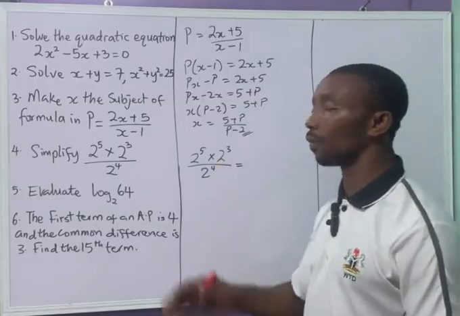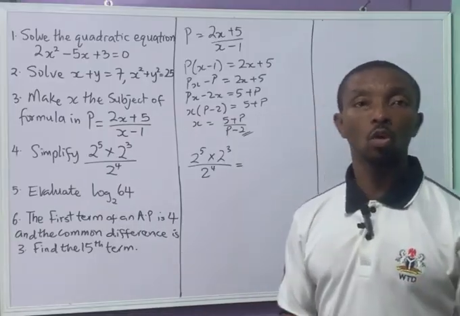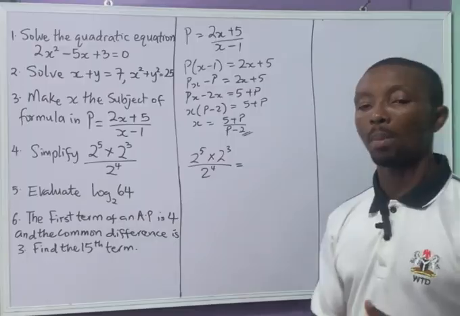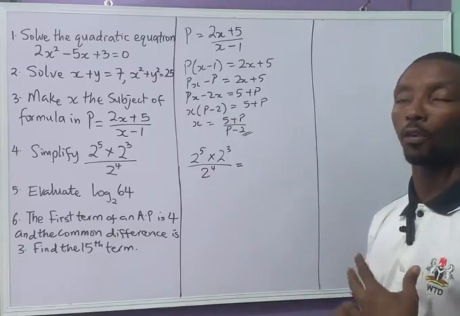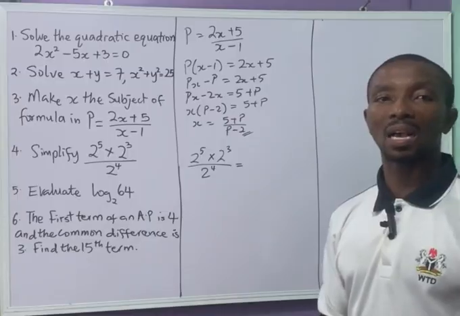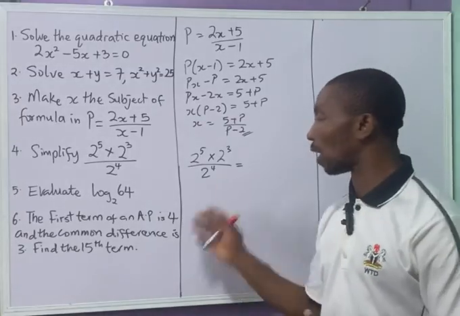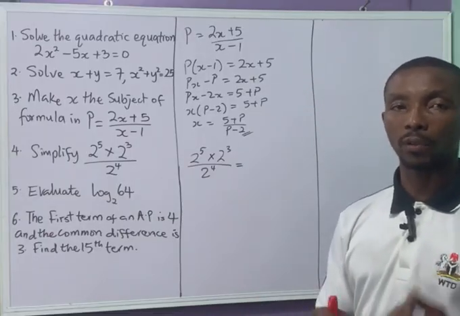And we also have the division law: since it also has the same base, we subtract. Remember, addition for multiplication, subtraction for division. And we have several other laws applicable in indices, so ensure you know those laws at your fingertips.